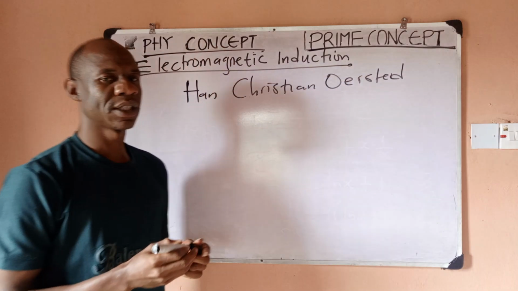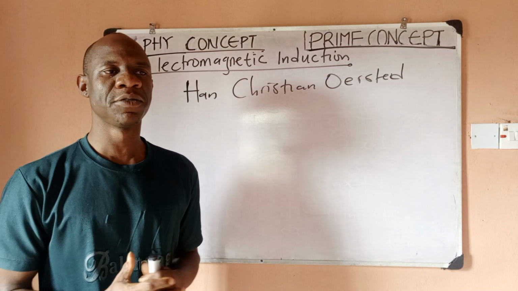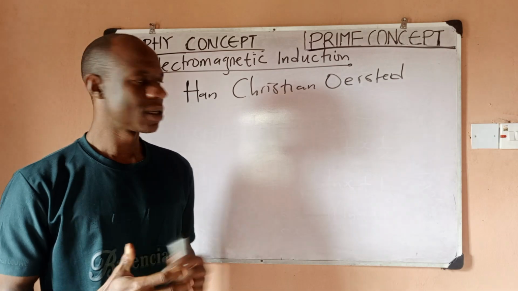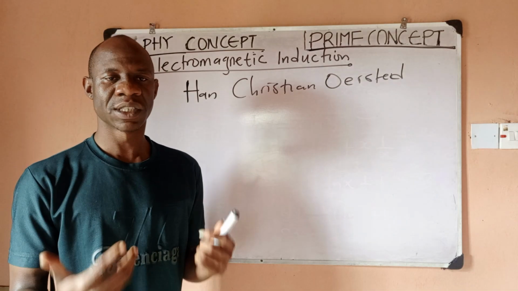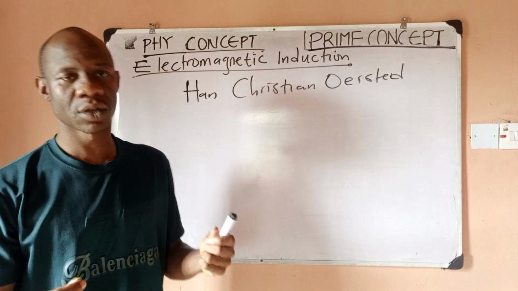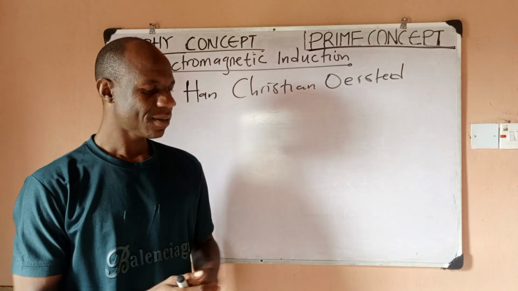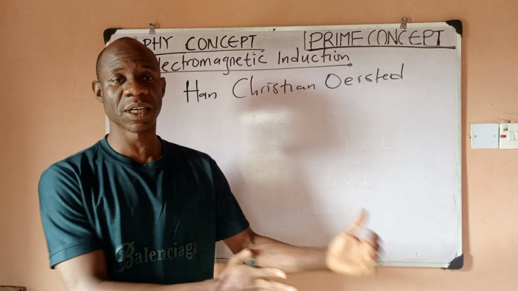On a particular day, Oersted was delivering a lecture to his students. He was trying to illustrate an experiment using a conductor, a wire. He connected a wire to a battery, and there was a compass needle very close by.